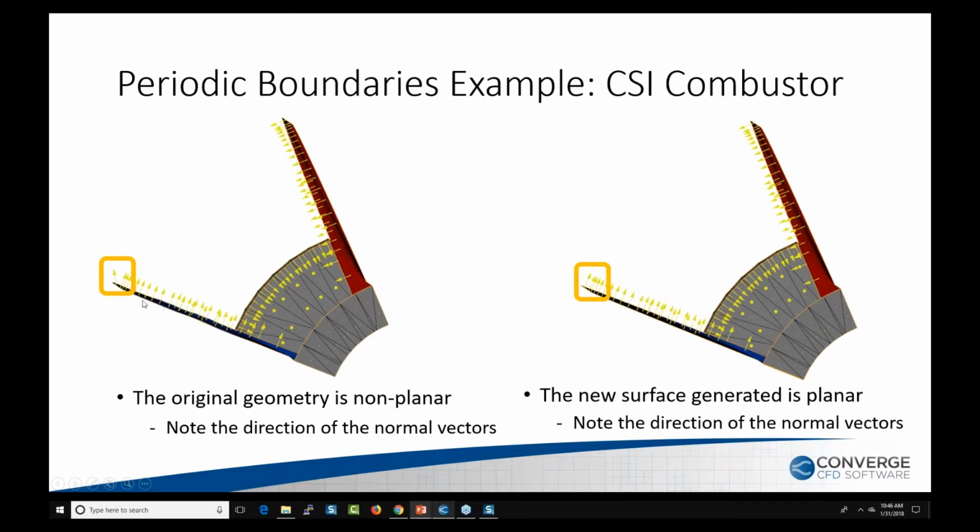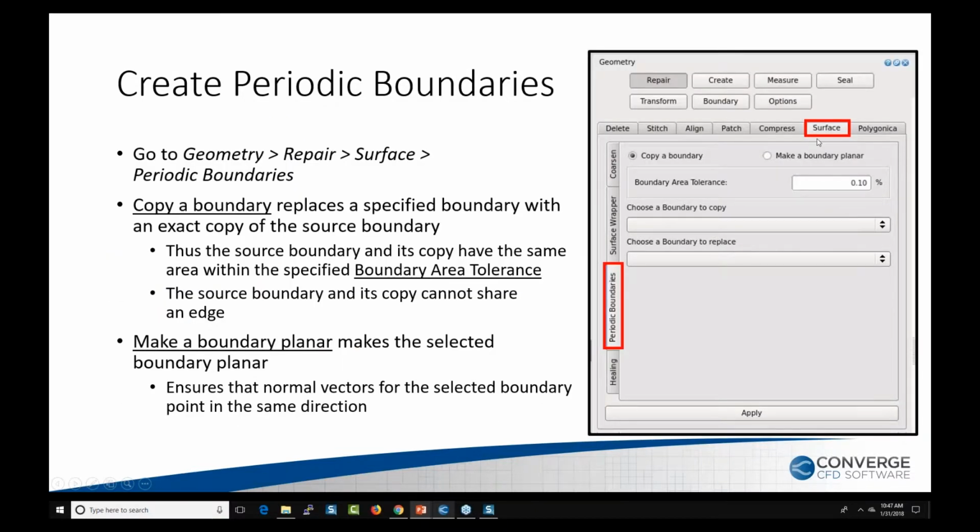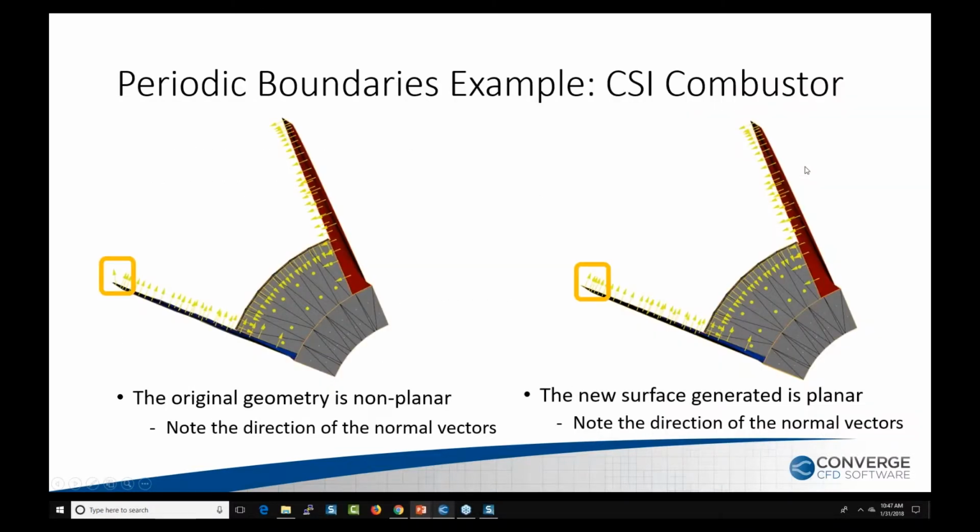In that case, either you can just copy this boundary, or if you really want to make this planar, the option available under Repair, Surface Periodic is to make a surface planar, and then you select the original geometry, and then you say apply. This is how to make it. It will change the orientation so that the whole surface will have all normals pointing in the same direction.